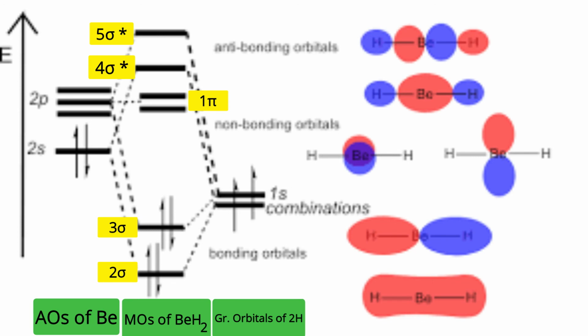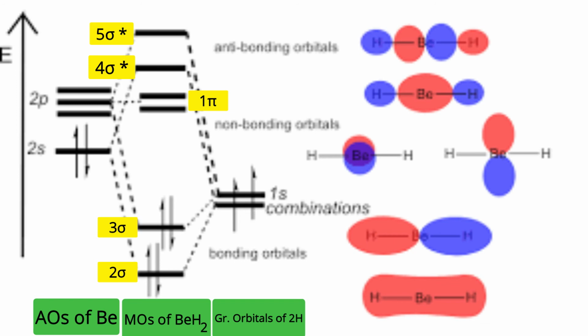Now see the labeling. The 1s orbital of beryllium has sigma symmetry, so the label will be 1 sigma. Afterwards, the bonding orbital caused by the 2s orbital and the psi1 group is 2 sigma. The next bonding orbital, resulting from 2px and the psi2 group, is labeled 3 sigma.